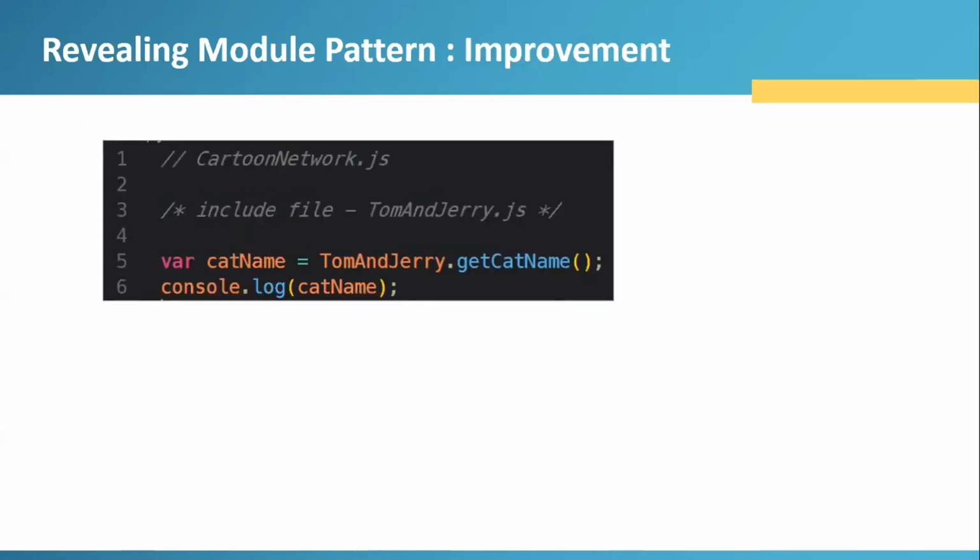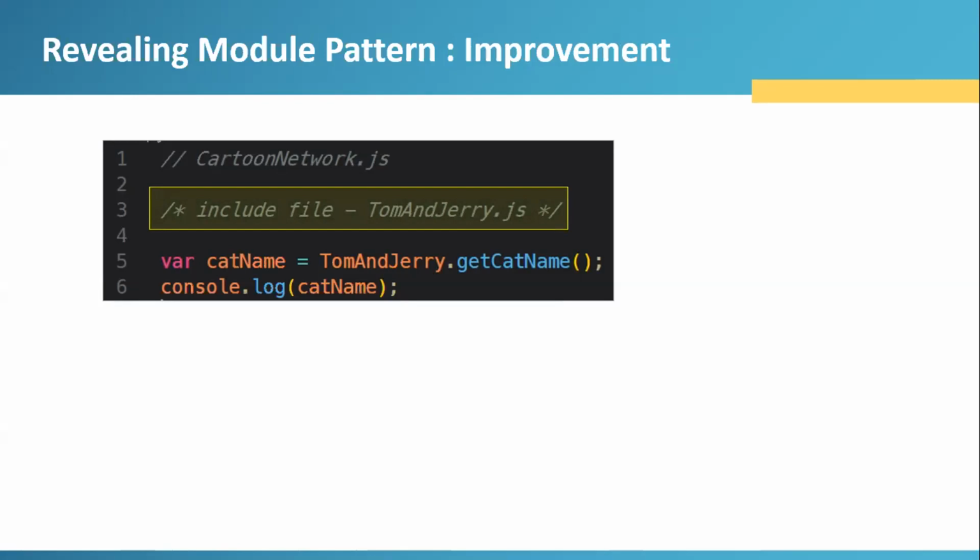To solve this, we need to explicitly declare a dependency like this one, the highlighted portion, line number 3. So we'll just say include this Tom and Jerry object from Tom and Jerry.js, and we should be able to do this. But since we are running each module in its own scope, just writing that one line of including won't work.